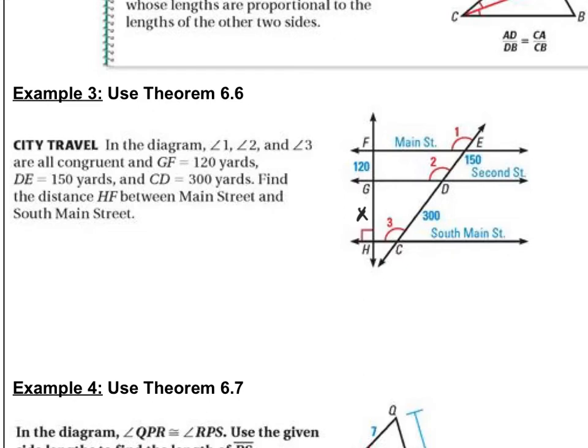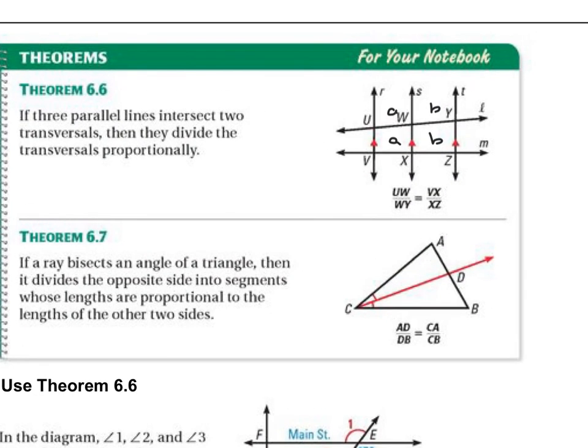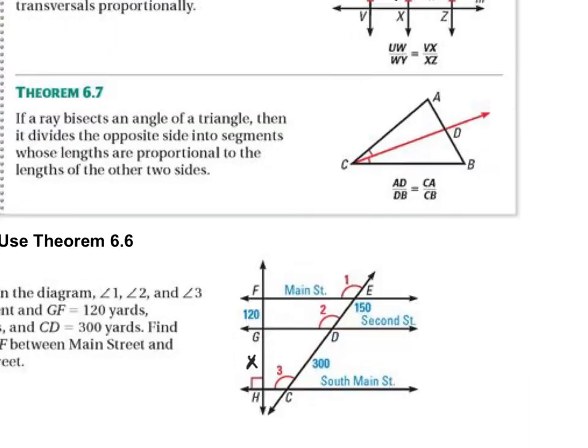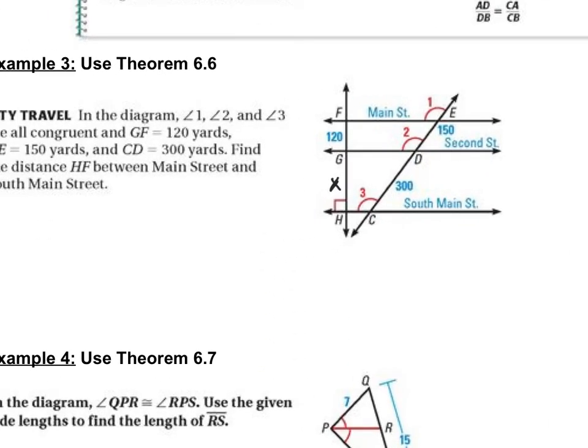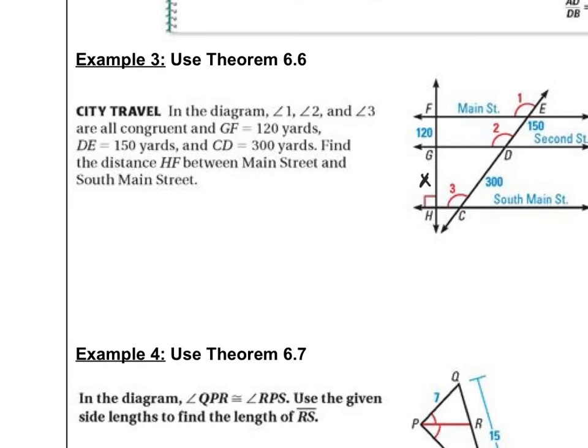So just to double check, we will go back up to our theorem here. We have our three parallel lines, and the transversal parts should be proportional to each other. So 1, 2, and 3, this should be proportional to this.